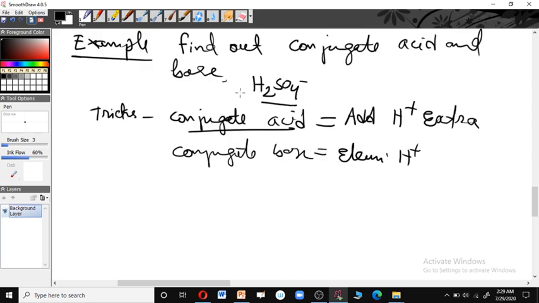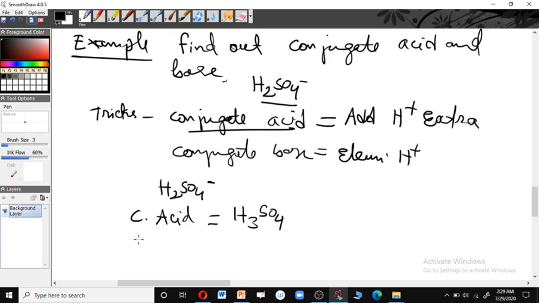So for HSO4 minus, the conjugate acid is, if you add 1 H, H2SO4, since it has added a proton, the negative charge will reduce.